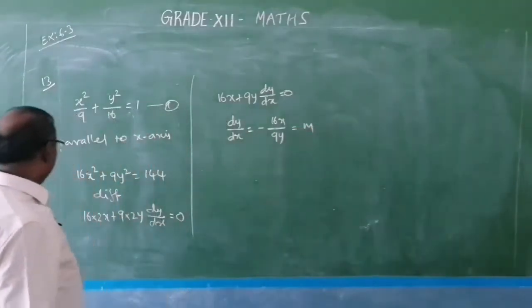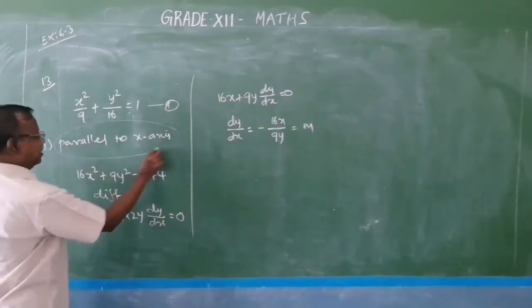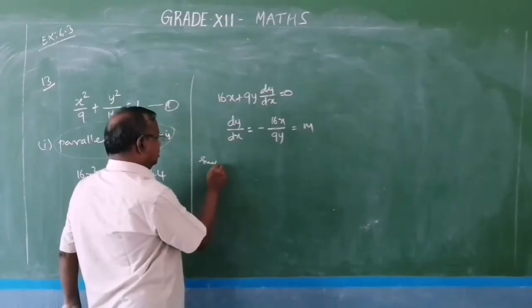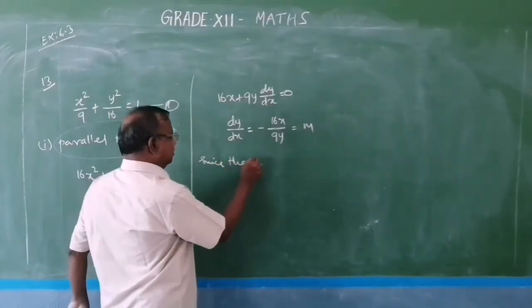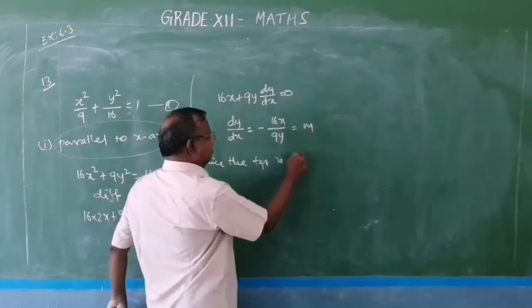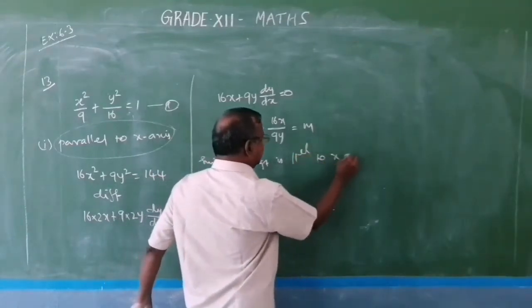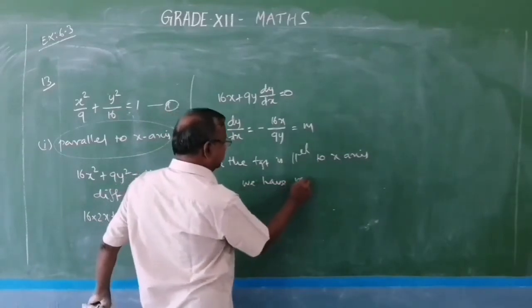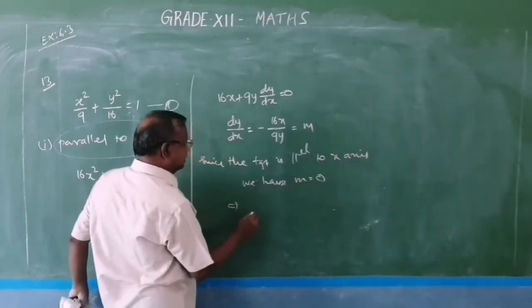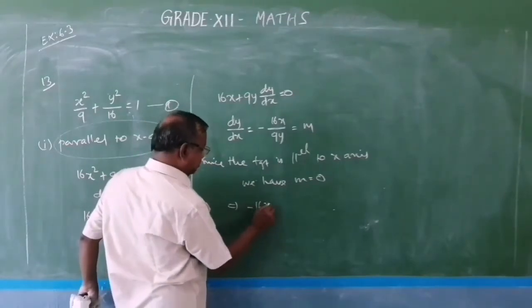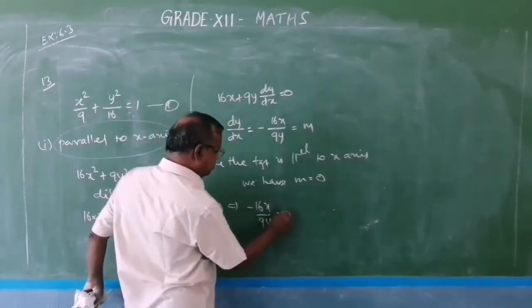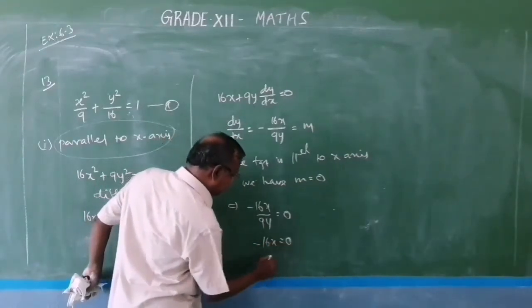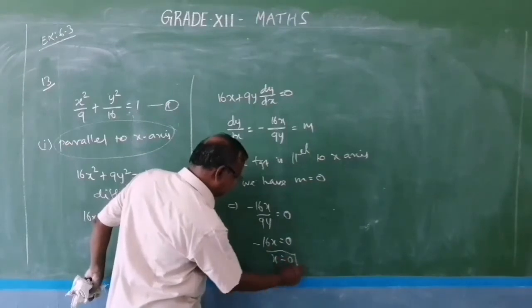Now for the tangent which is parallel to the x axis, the slope is 0. Since the tangent is parallel to the x axis, we have m equal to 0. That is, minus 16x by 9y equal to 0, which gives minus 16x equal to 0, or x equal to 0.